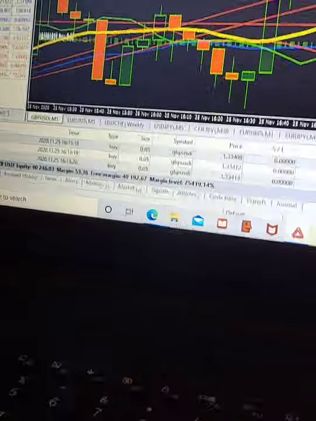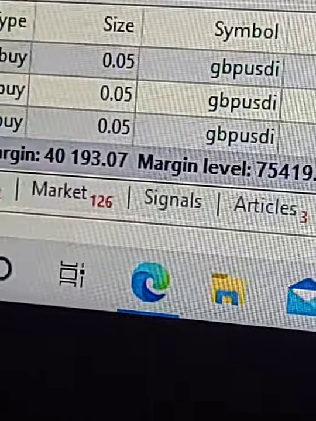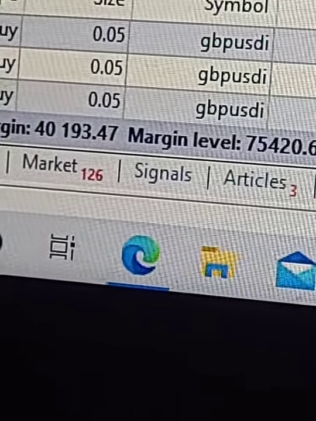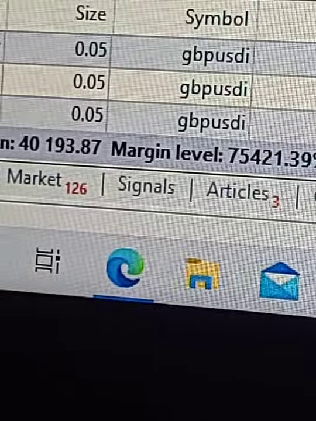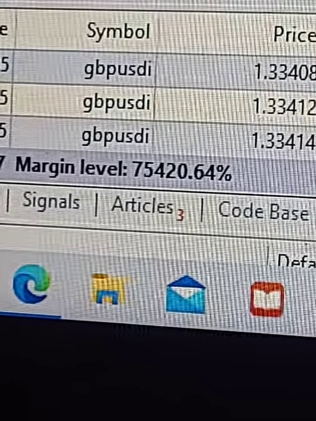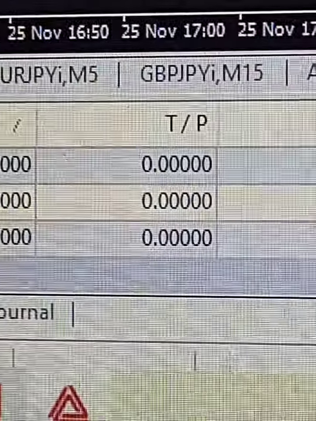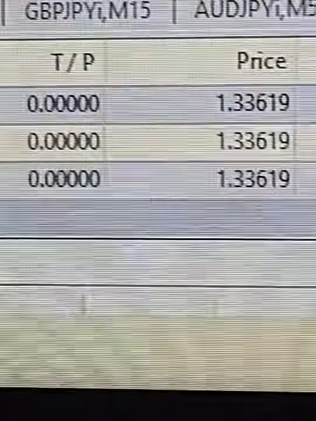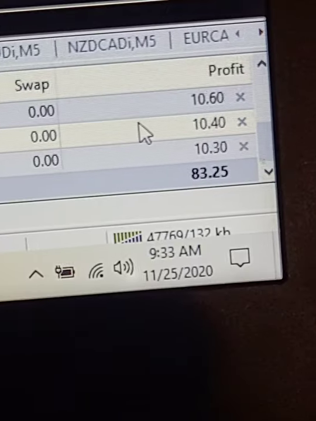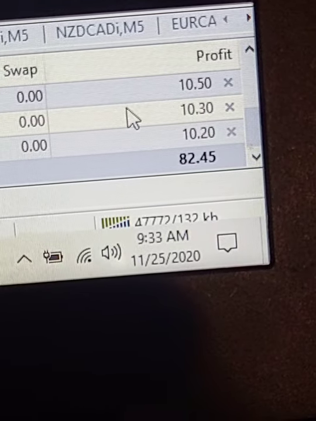As you see, let's go back to it. That says 0.05, 50 cents. We are in GBP/USD, Great British Pound USD. I don't have any stop losses or take profits in. I know what the market is doing, and we're at $81.